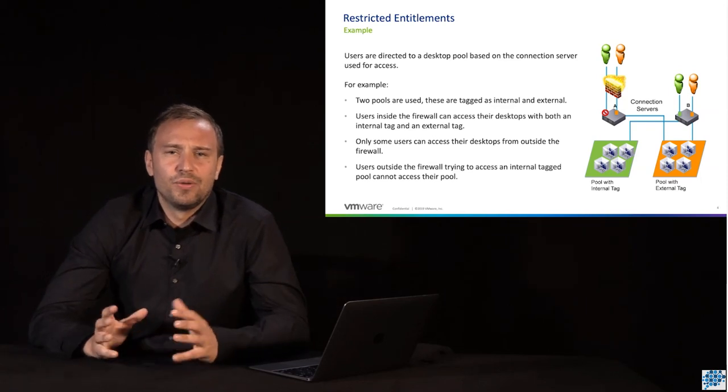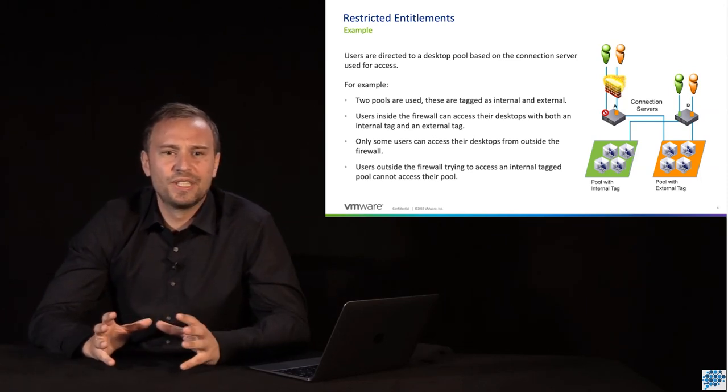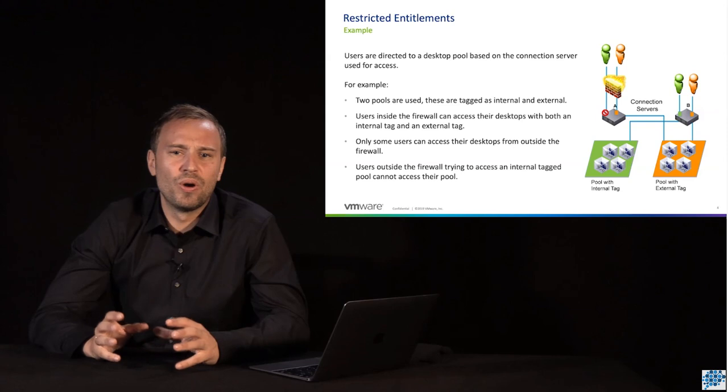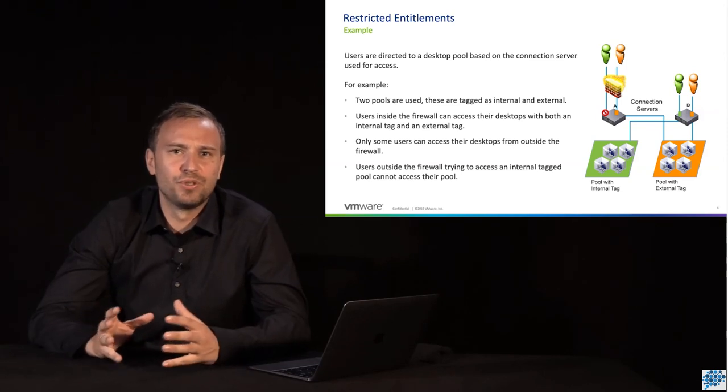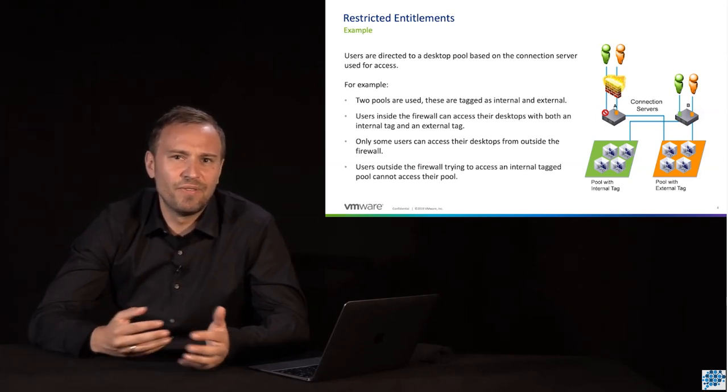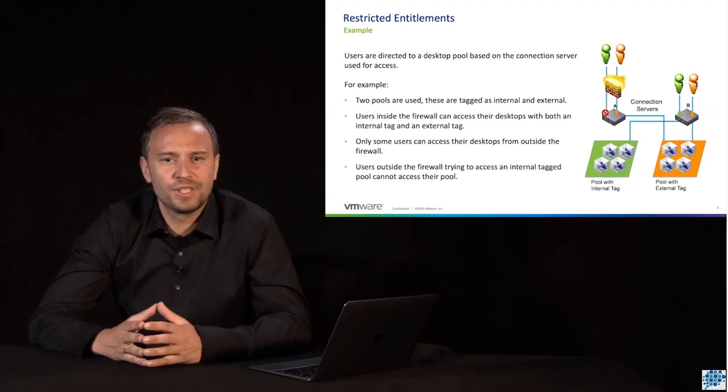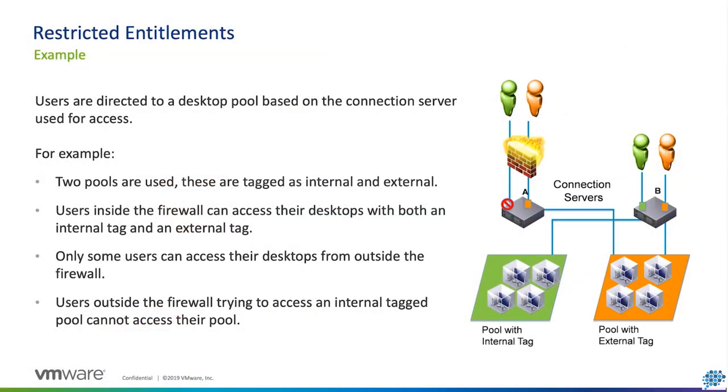From a logical design perspective, we already talked about using the tagging mechanism to differentiate between externally available pools and internally available pools. We can define tags on the connection server side and on the pool level, and say, okay, only desktop pools with the internal tag are allowed to be accessed by connection servers that have this internal tag.